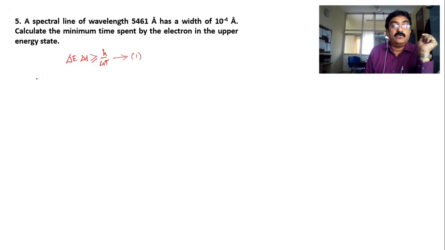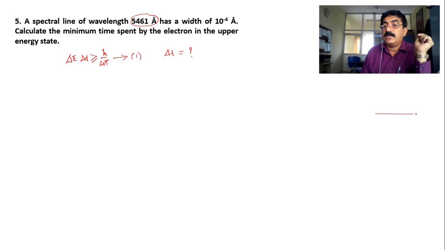Well, now coming to the connection between wavelength and energy. So delta t is my requirement. See what happens, this is the ground state, this is the excited state. Normally atoms will be in the ground state. When you excite them, they go to the upper level. After spending a brief interval of time, they return to the ground state.